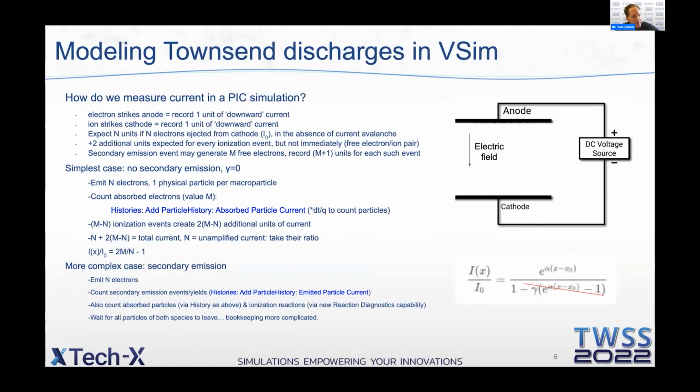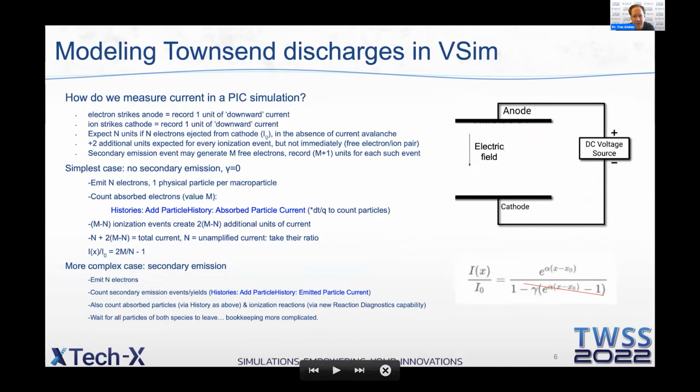In VSim, there's a bit of a technical issue in that how do we measure currents? Well, we have these particle histories that you probably know about if you're a VSim user, but what current do we expect?